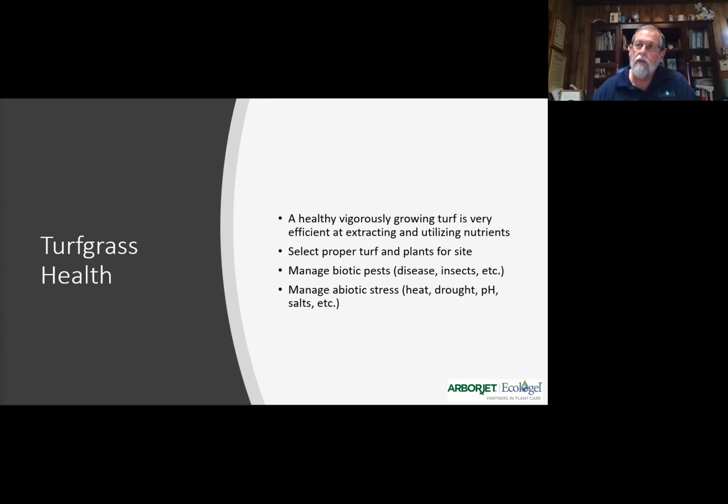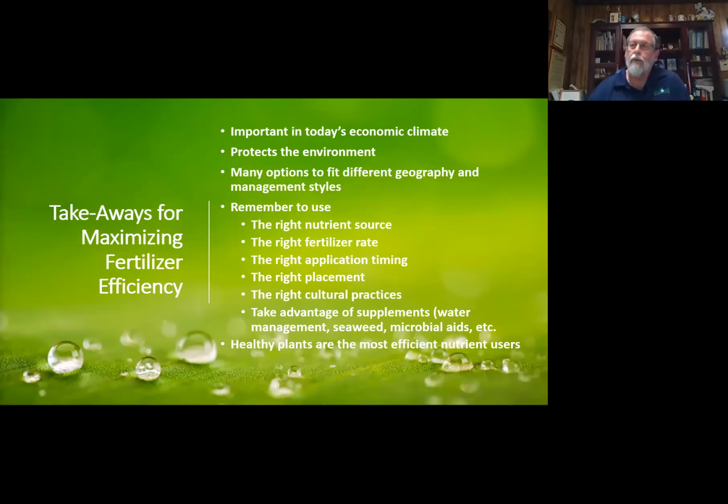So as we come to an end, what are the takeaways we have for maximizing fertilizer efficiency? You know, it's important in today's economic climate that we maximize fertilizer use efficiency. There's no way we should be wasting that fertilizer dollar. We need to protect our environment, both our groundwater and our surface waters.